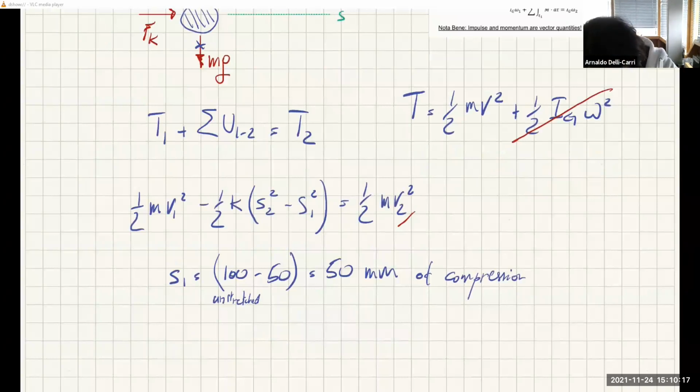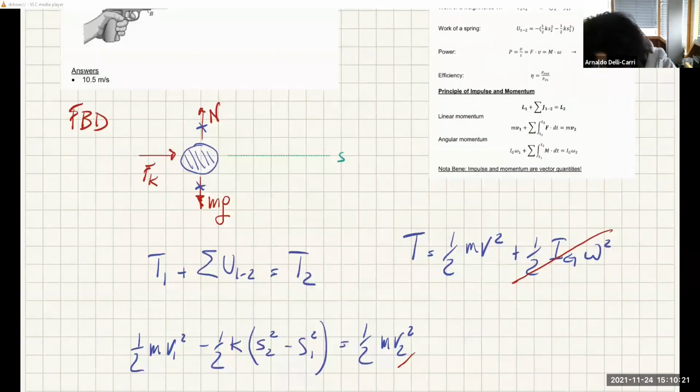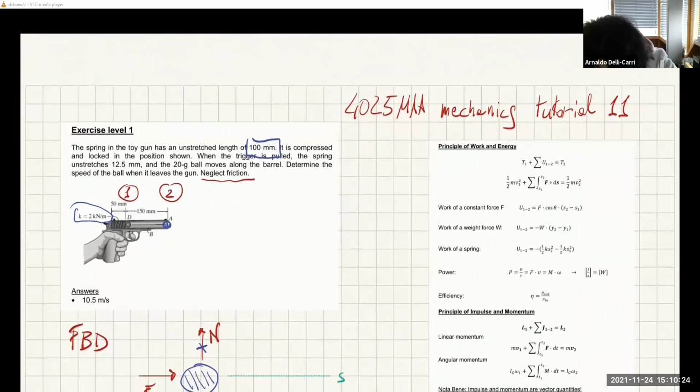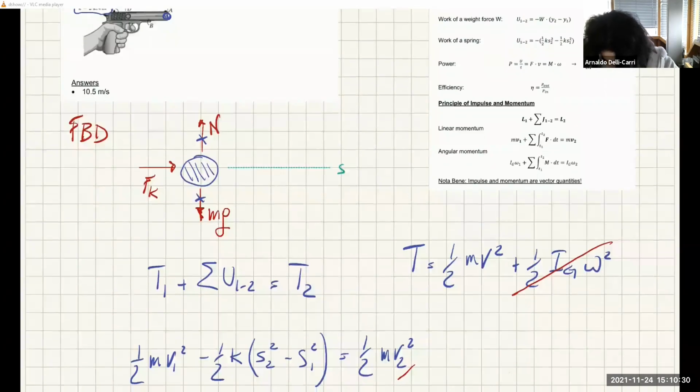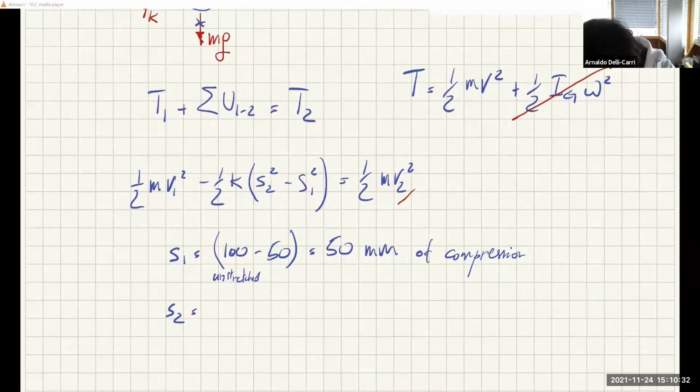For S2, it says that when the trigger is pulled, the spring unstretches 12.5 millimeters. So that means that we add 50, so it's 100 minus 50 plus 12.5 millimeters.